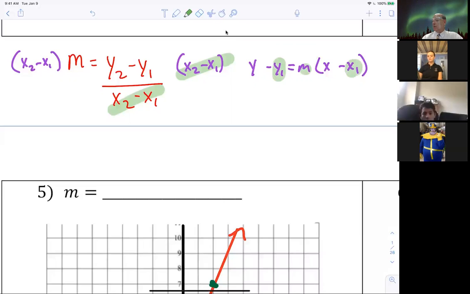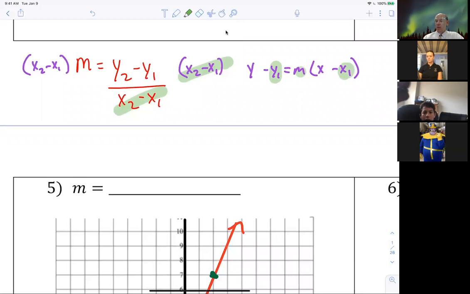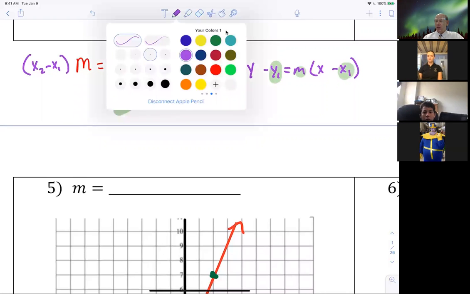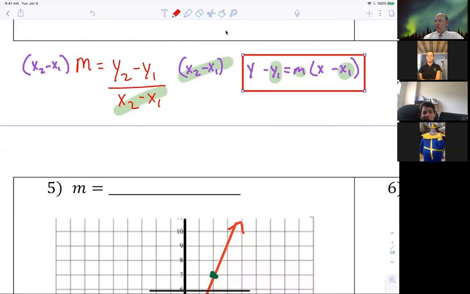It's so much easier for me to understand than to memorize. So my point here was that this is the point slope form of the equation of the line. And if you know the slope formula, then you know that equation.